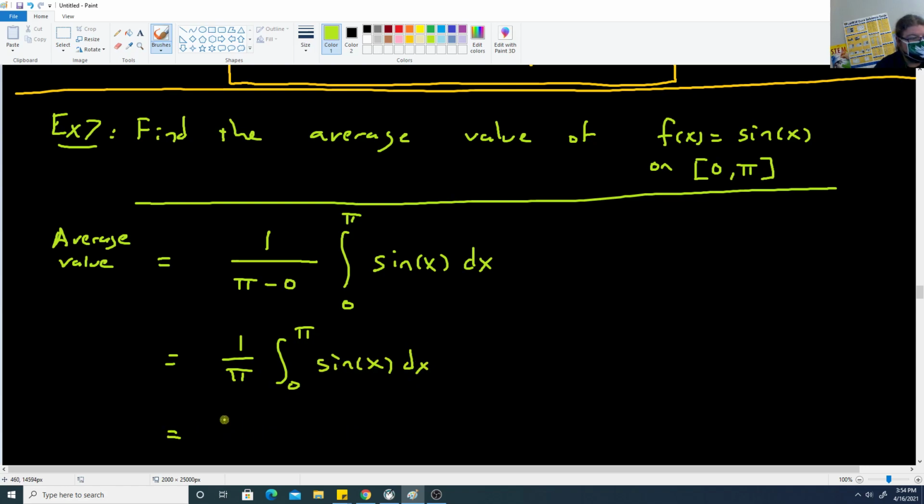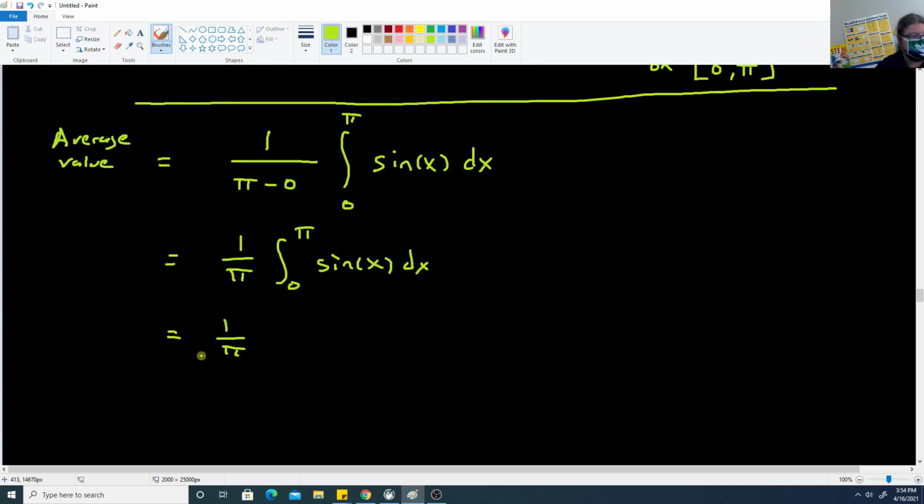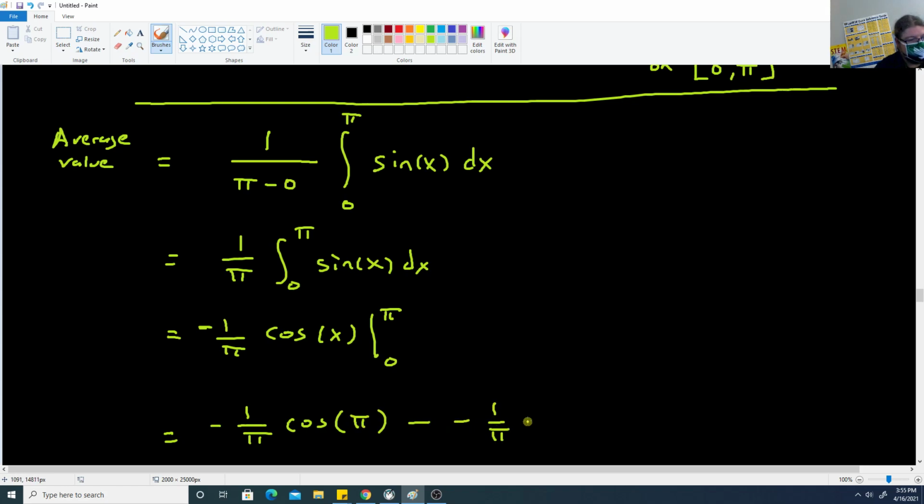When you take the antiderivative of sine of x, there's 1 over pi out front still. Sine of x goes to negative cosine, so we get negative 1 over pi cosine of x, and we want to evaluate it from 0 up to pi. So we use the fundamental theorem of calculus part 1. We get negative 1 over pi cosine of pi minus negative 1 over pi cosine of 0.